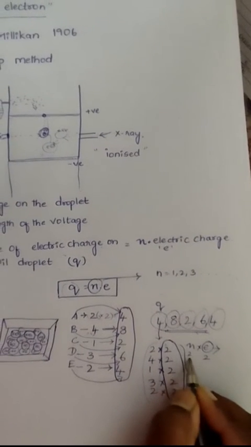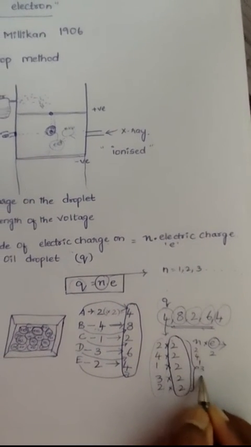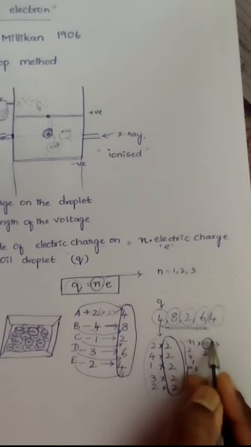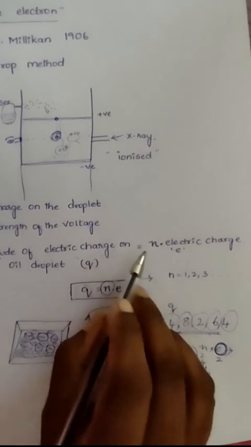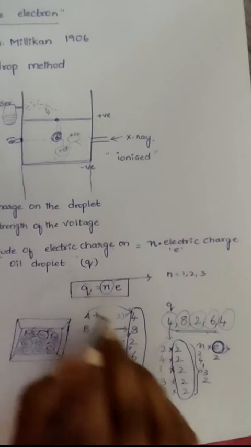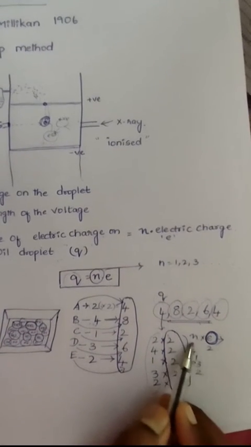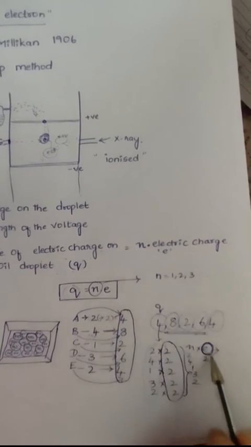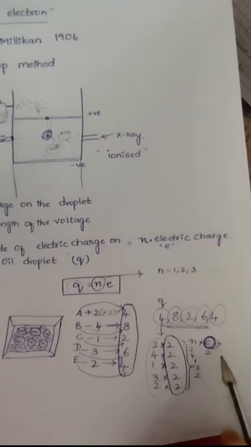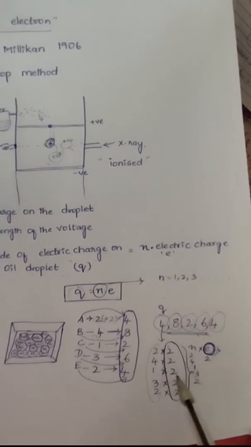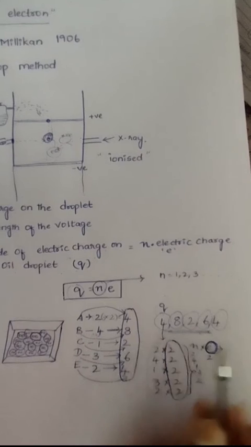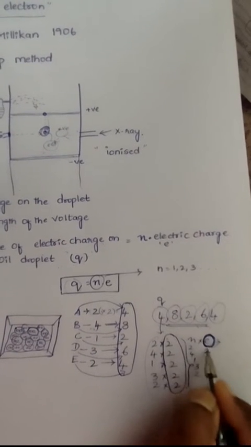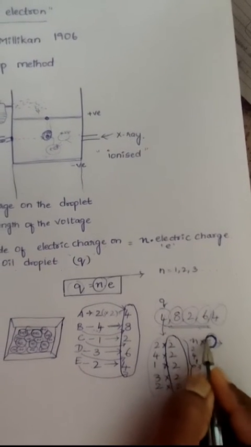N can be 2 or 4 or 1 or 3 or 2, but 2 is common. Means the magnitude of electric charge on an oil droplet is an integral multiple of electric charge, whether it is 4, 8, 2, 6 or something, but it's an integral multiple of 2, that is the electric charge.